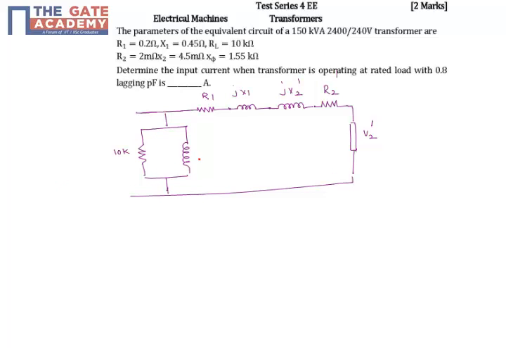So XM is given as 1.55. All the values are given.